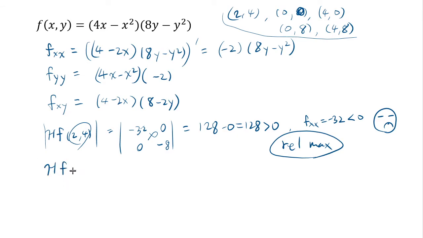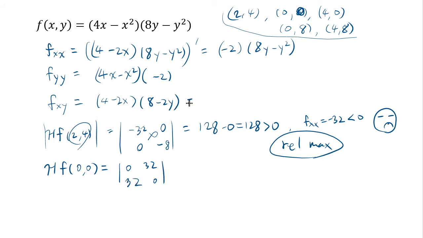Next one, the Hessian of f at (0, 0). Well, if you plug in 0, it's going to be 0 here. This will also be 0, but these, if you plug in 0, it's going to be 4 times 8, 32. So it's going to be 0, 32, 32, 0.